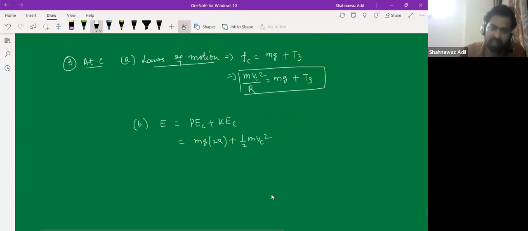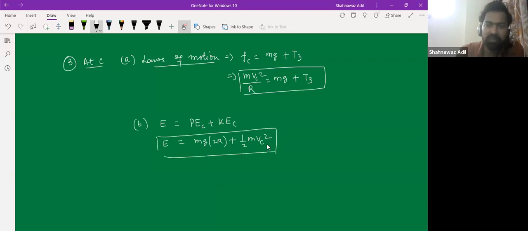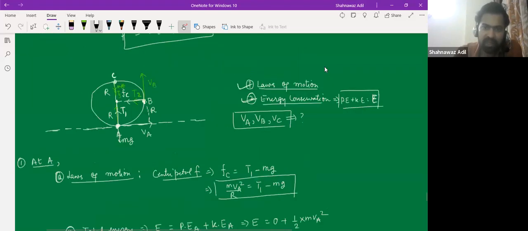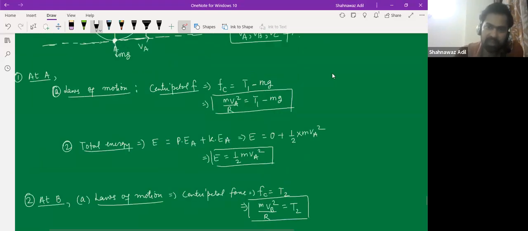So this is the total energy, right? And yeah, so these are the six equations that I have, right?